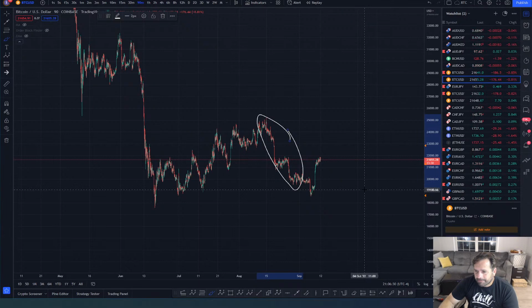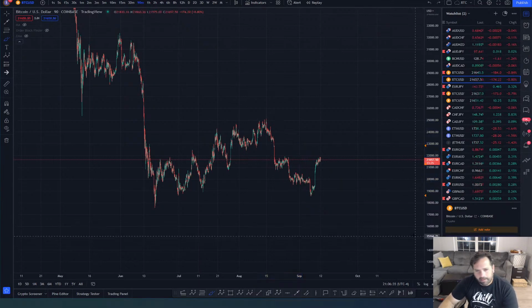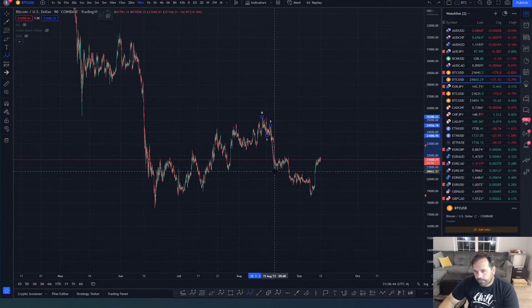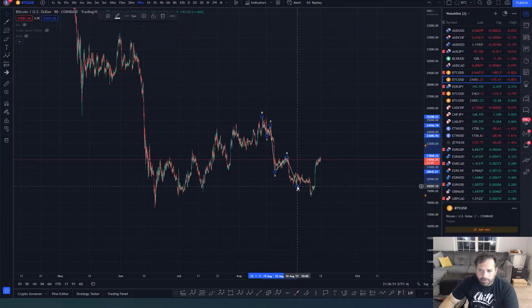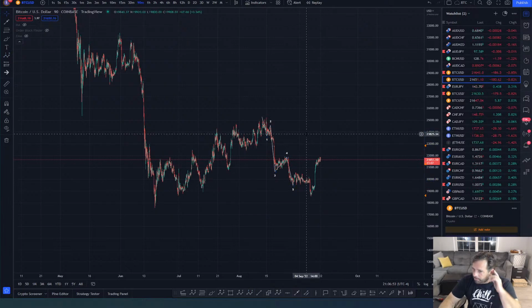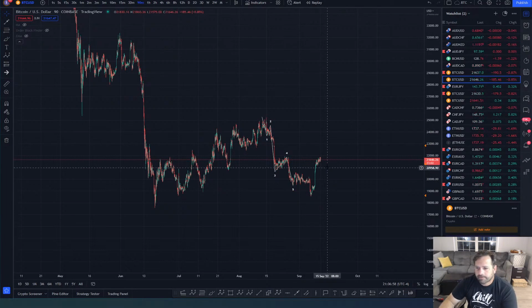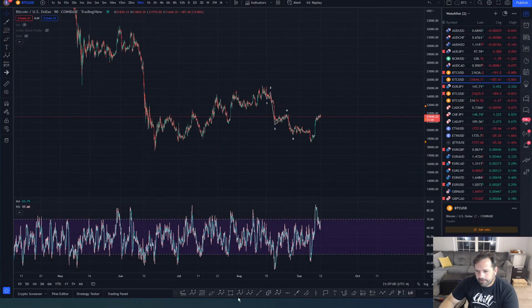More than likely, that's a finished impulse wave. We can count that as a 1, 2, 3, 4, 5. I think that's plausible. Even 5 right there. Plausible that it's finished. It's done. It's finished right there. We've got divergence here that we expect to see.